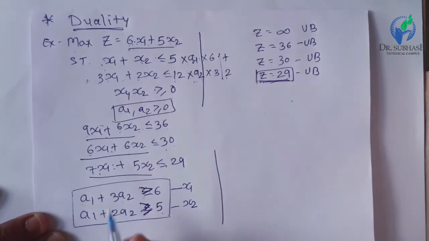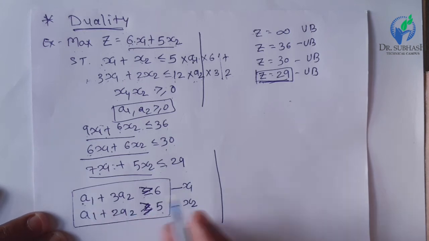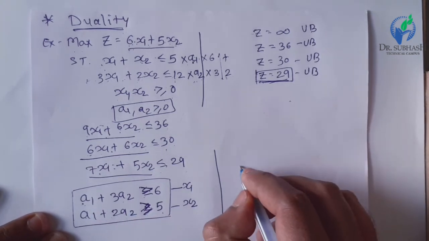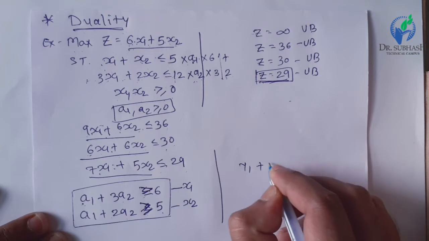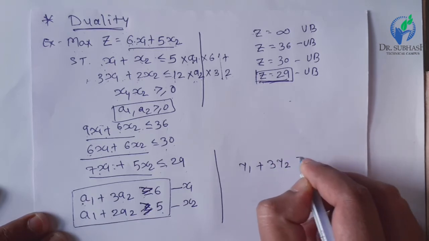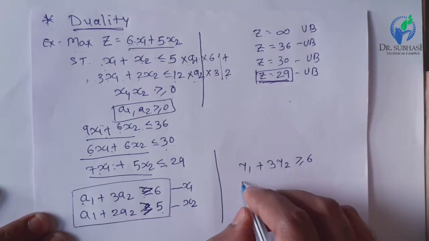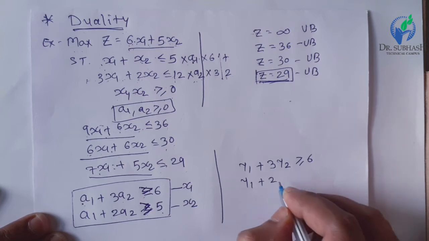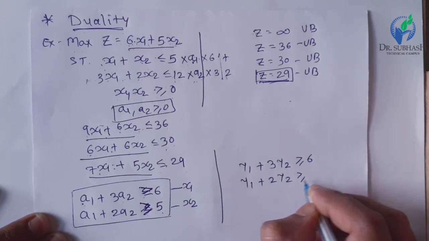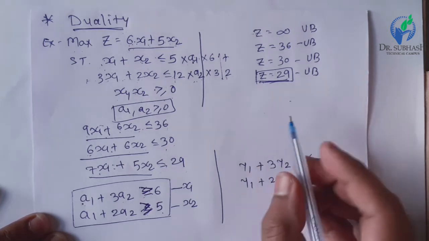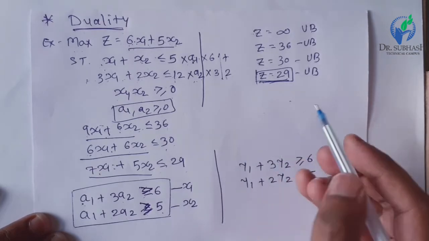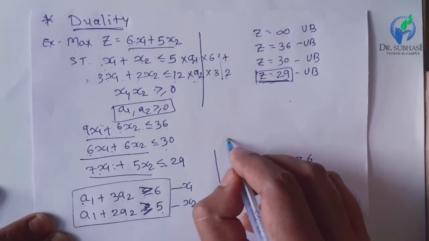If we convert this a1 and a2 to y1 and y2, then we get another equation: y1 plus 3y2 greater than or equal to 6 and y1 plus twice y2 greater than or equal to 5, and we get another function which is, obviously, minimization.